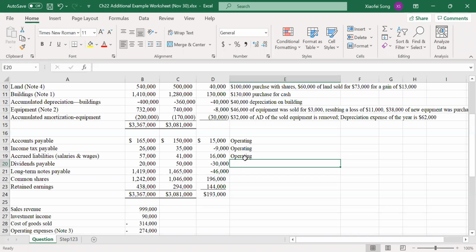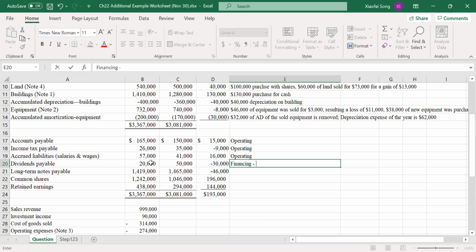There was dividend payable of 50,000 at the beginning of the year. That's only 20,000. So this one, is it operating, or is it investing, or should it be financing? This is related to financing, right?